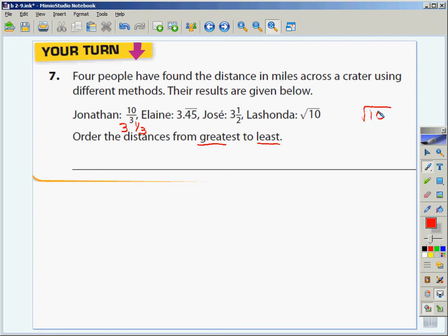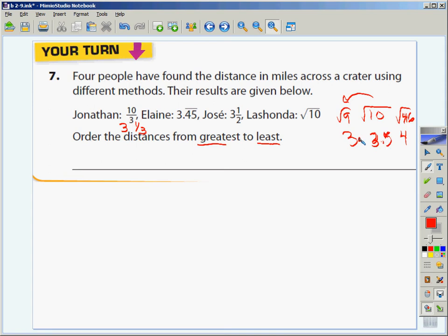Square root of 10. Oh, what am I going to do? What's on each side? 9 and 16, which is 3 and 4. Which is it closer to? It's definitely closer to the 9. It's definitely way less than 3.5.